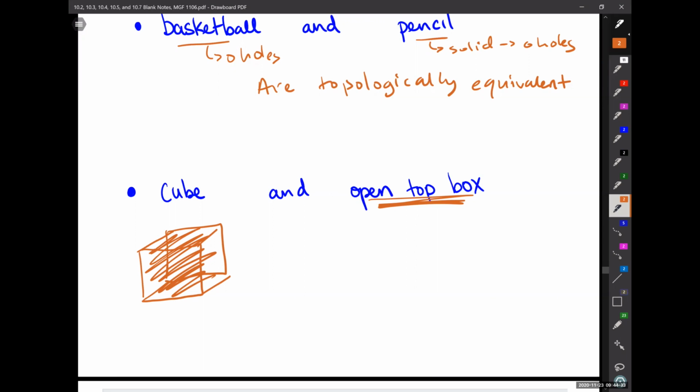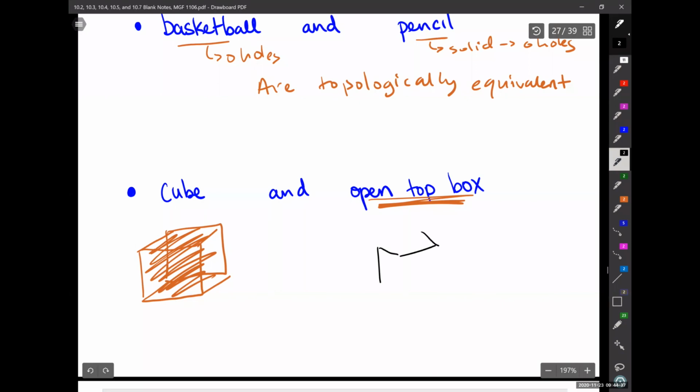I think there's a few ways you could visualize it. You could imagine it as a box that the top is open. So the key idea is we'd imagine there's like a well there, but since only the top is open, do we agree it has a solid base? So is there a hole in the open top box, or is there just a well? Good. Yeah, just a well. Excellent.